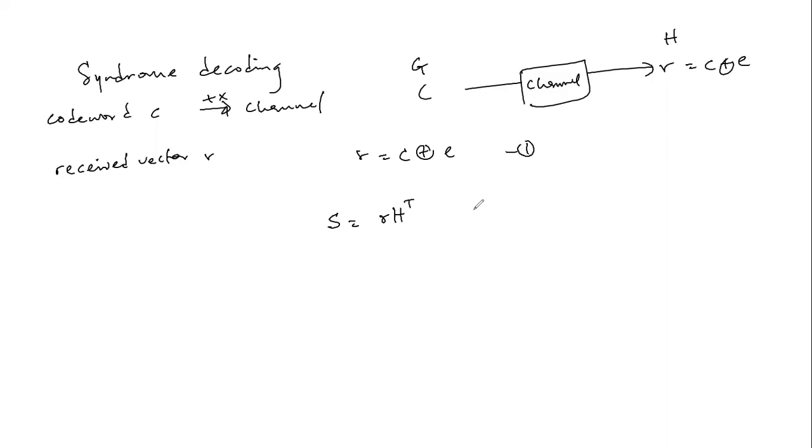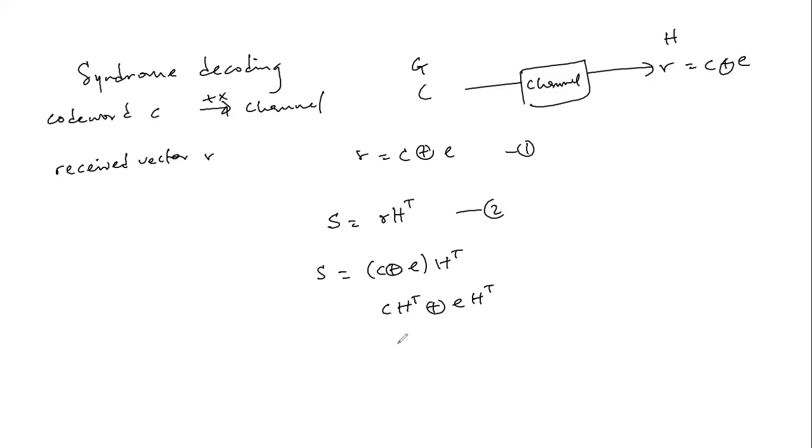So if this is equation 1 and this is equation 2, then if we put 2 into 1, we have S, the syndrome, to be (C plus E) H transpose, which is going to give us C H transpose plus E H transpose.